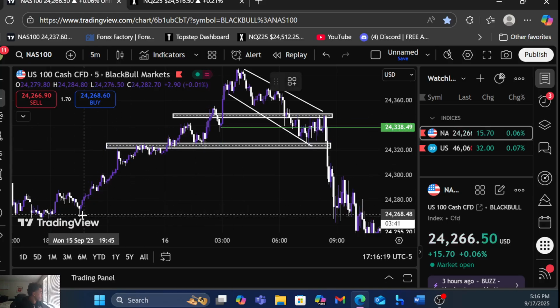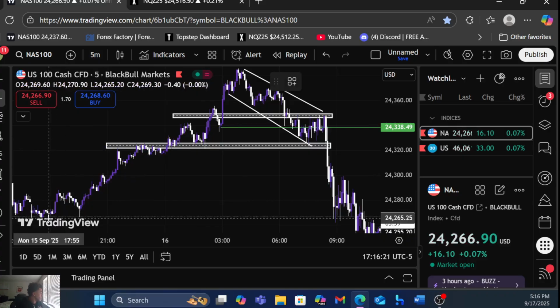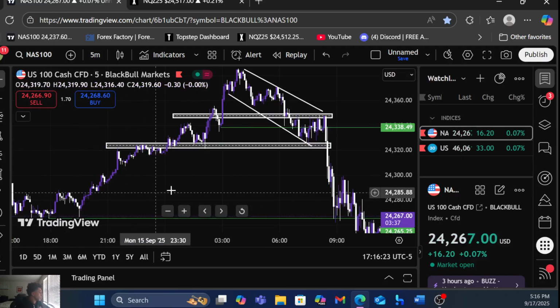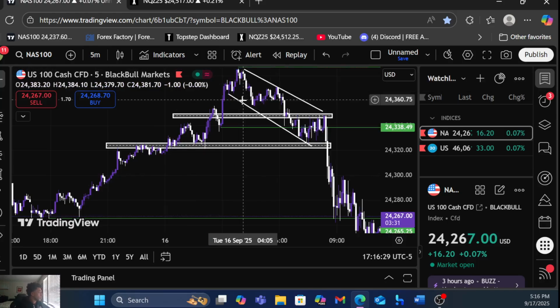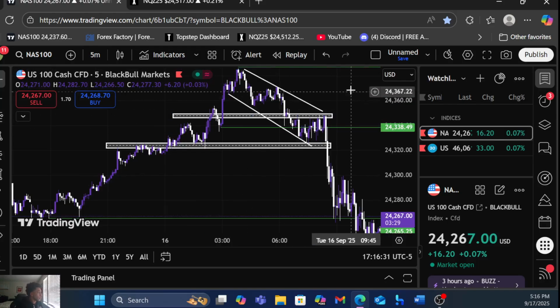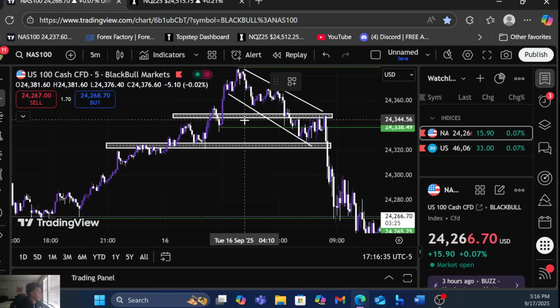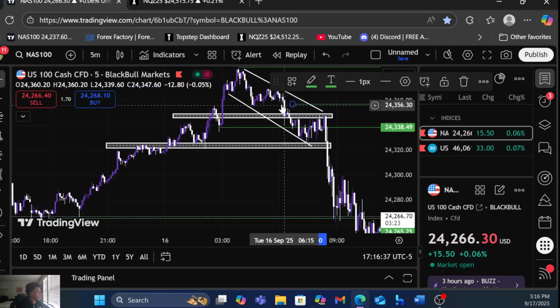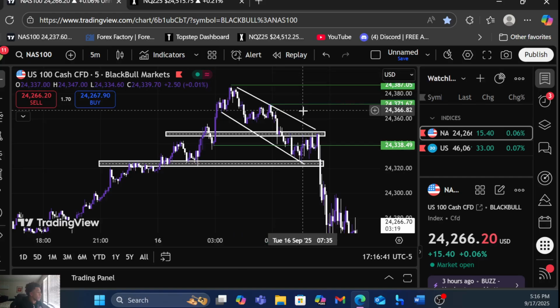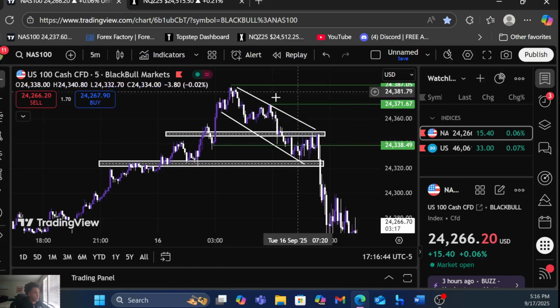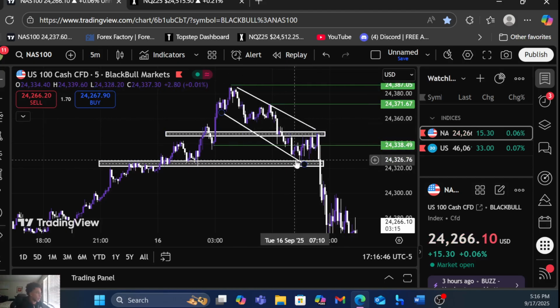We have a session low over here. And we have our session highs up here, along with another swing high that I think could be very important right here. I have an indicator for this, but the indicator is not showing this day, so I can't really mark it out.